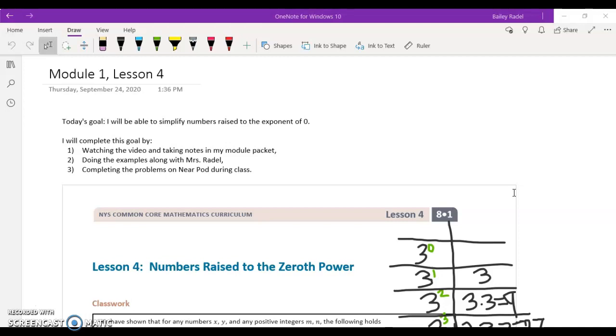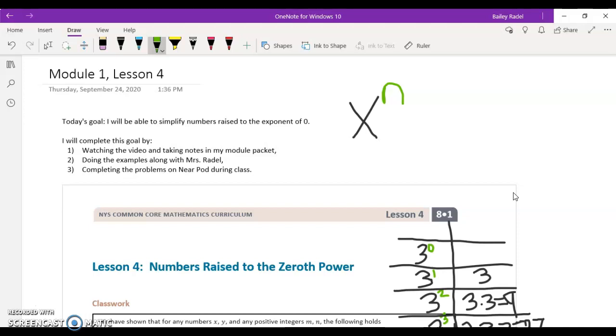So over the last few classes, we have been talking about bases raised to positive exponents. So if we just wrote a general base with an exponent of n, we have only been talking about n's that are greater than 0: 1, 2, 3, 4, 5.